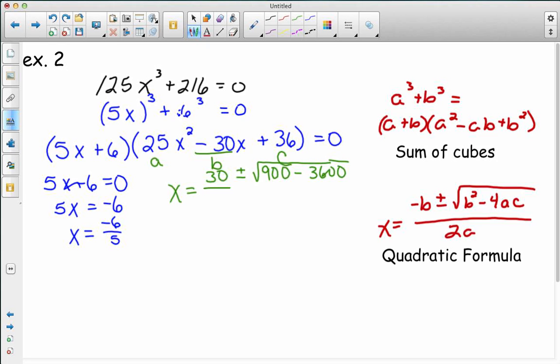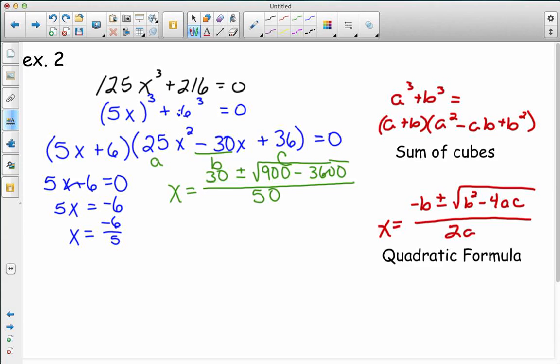And this whole expression then goes over 2 times 25 or 50. Now, of course, I have to simplify this, and I can't just put this in my calculator to simplify it completely because I don't know that 900 minus 3600 is going to be a perfect square, and I want an exact solution, not an approximate solution.